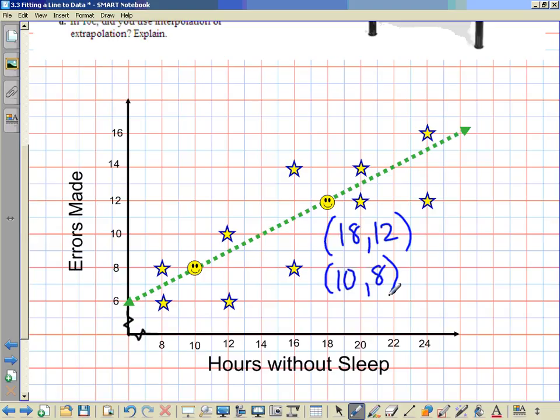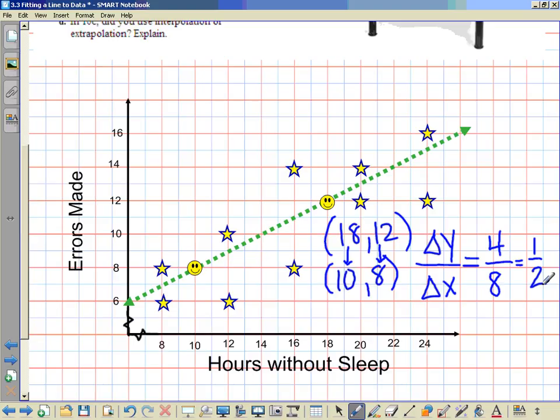The slope is the change in y over the change in x. If I subtract 12 minus 8, I get 4. If I subtract 18 minus 10, I get 8. So the slope appears to be 1/2, the slope of my line of best fit.